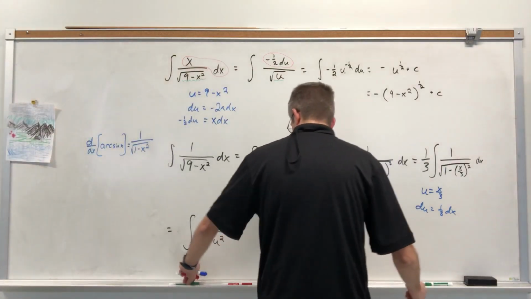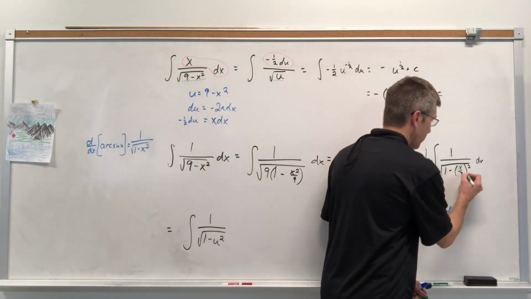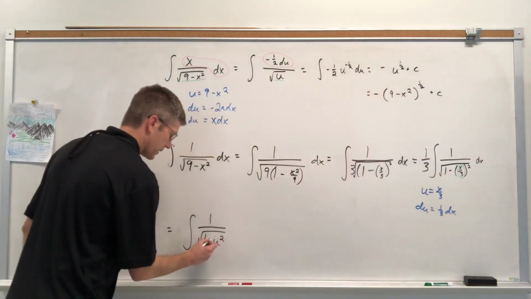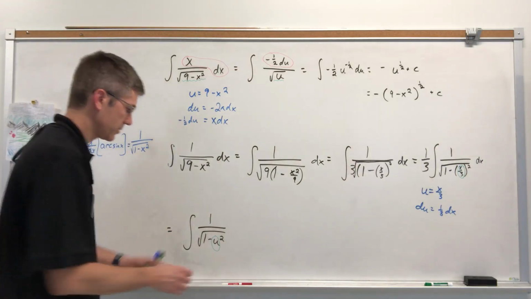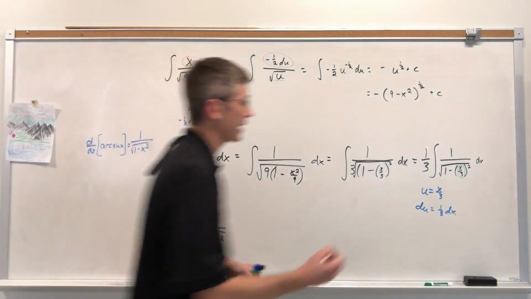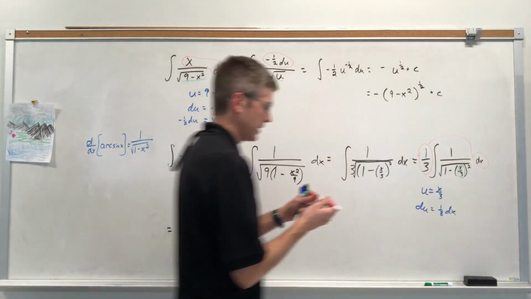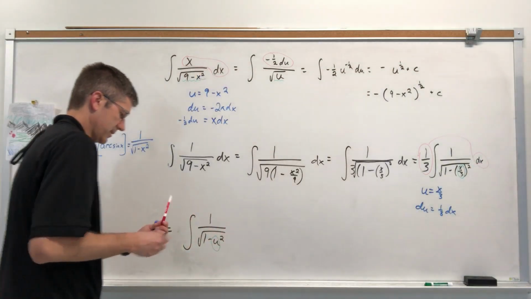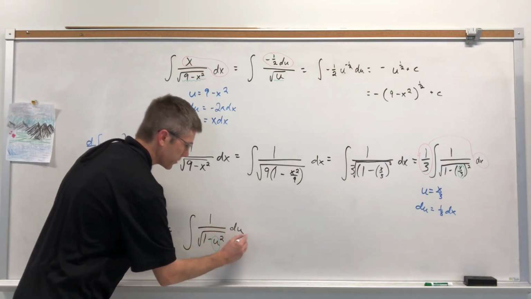If we're going to go with our little highlighting scheme that we've been doing, x over 3 is u, and let's use red. 1/3 dx is du.